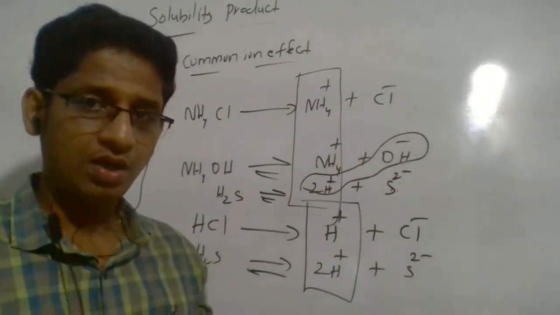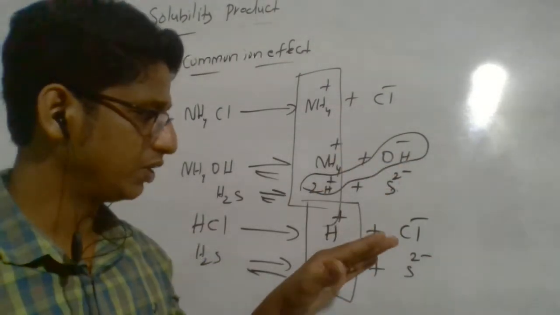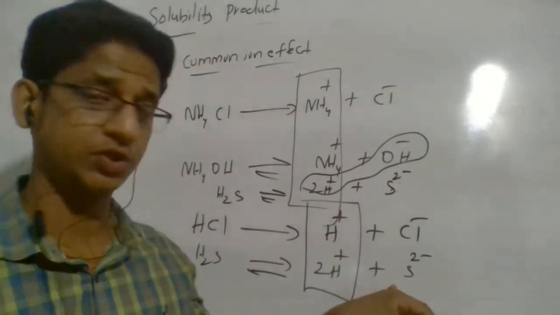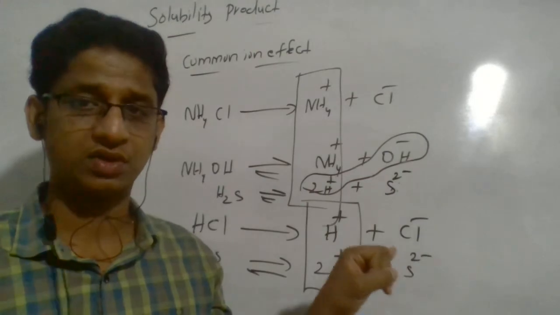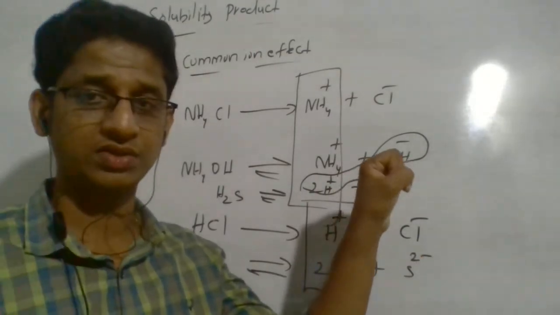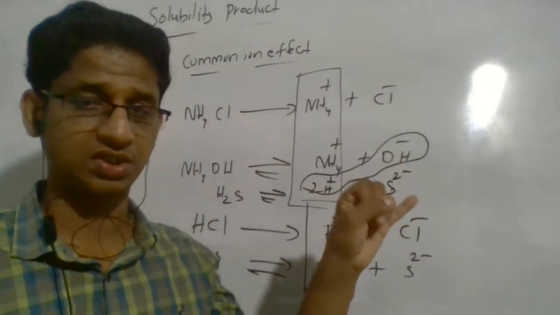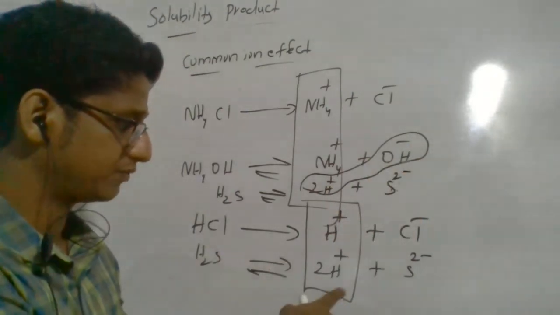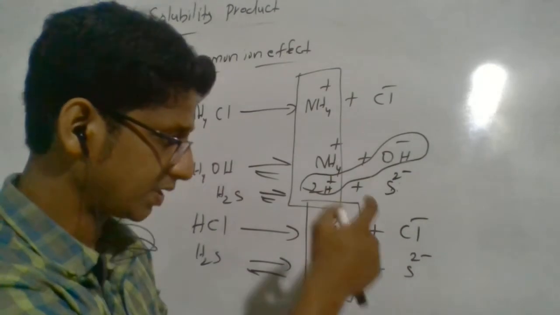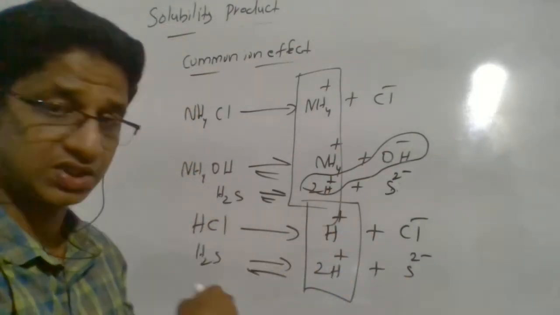Here one confusion may be why group 4 cations are not precipitated in group 2. Group 2 cations require low sulfide ion concentration while group 4 cations require high sulfide ion concentration. High sulfide ion concentration is not obtained in group 2 because of the common ion effect, where the sulfide ion concentration becomes lesser due to the addition of HCl and H2S.